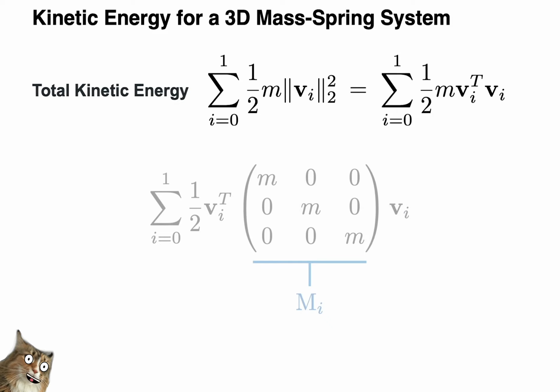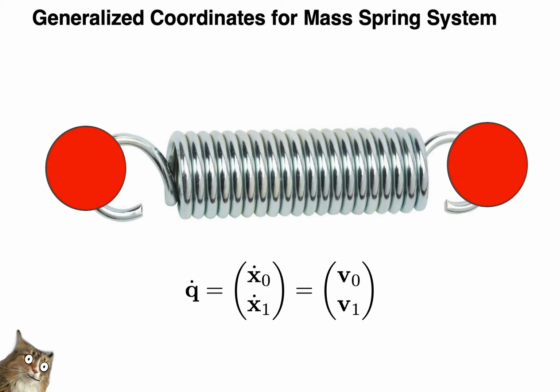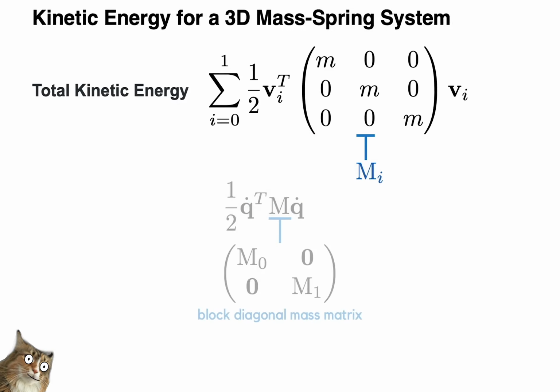Next, we are going to introduce the per particle mass matrix, M sub i. This is just a 3x3 identity matrix multiplied by the mass of our particle. Finally, we're going to use our stacked velocity vector, q dot, to simplify things even further. We can see that this summation over particles has a compact form given by 1/2 q dot transpose M q dot, where M is now the block diagonal mass matrix for the entire physical system.